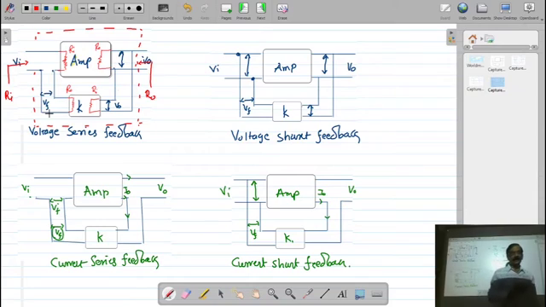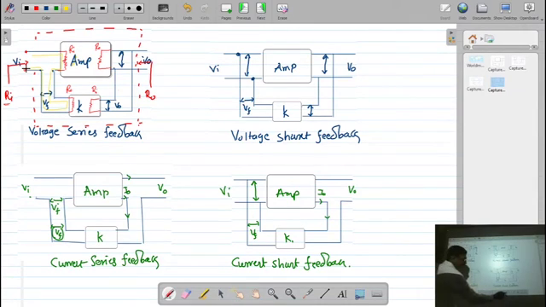So, here if you look at this terminal, Ri means across this input of the feedback amplifier, then you will find that this resistance Ri is in series with this feedback network.